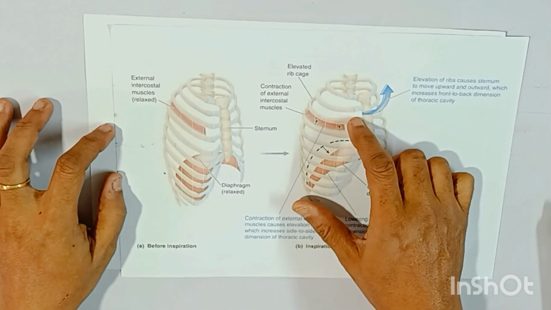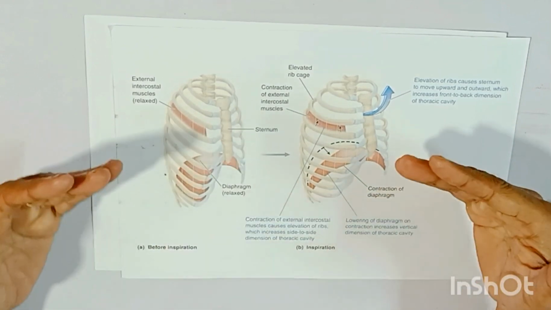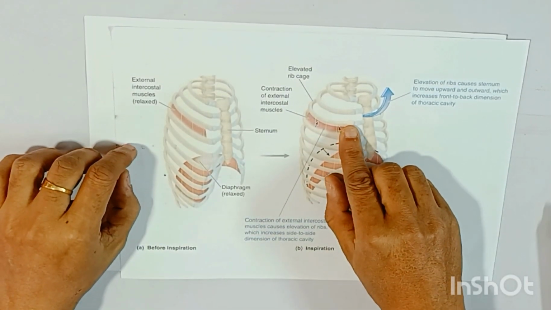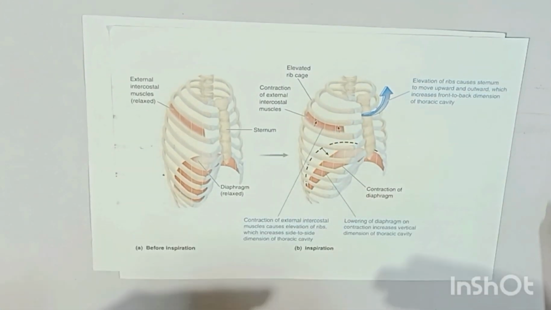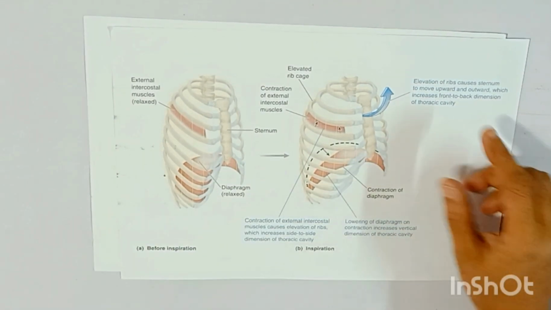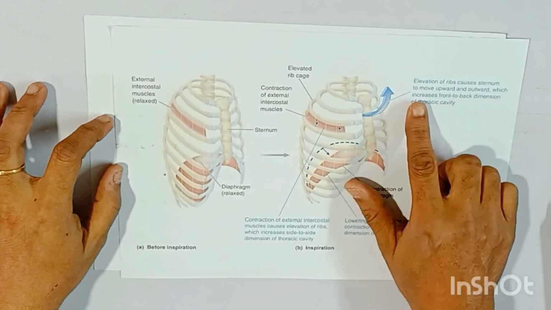The upper ribs are always placed outside the body, and when these lower ribs are contracting, the lower ribs move, going outside the body, so that the volume of the chest cavity is increasing. So the word is elevation of the ribs, which causes the sternum to move upward.